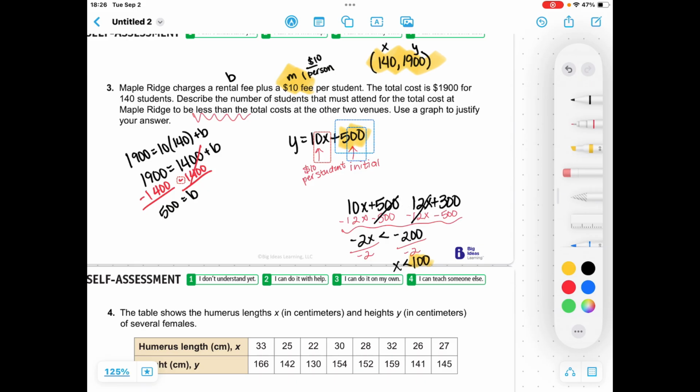We're just going to make a quick little switch. Stating that once you have 100 kids, this one will be more expensive. Lakeside will be more expensive after 100 children. So as long as we have 100 or less, then I would go with the other one.